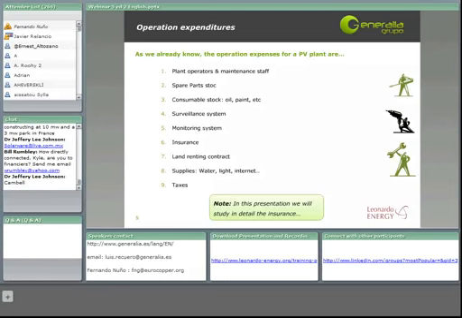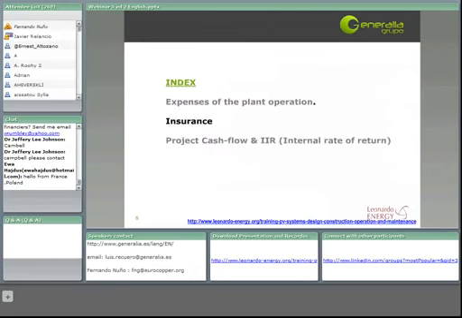So it is important to check with our government if we can take one of those compensations. So during the next chapter we will focus on the insurance analysis.